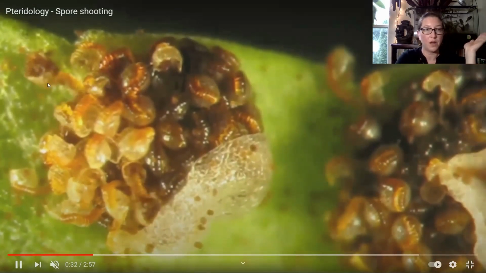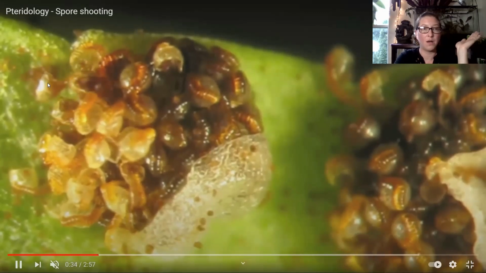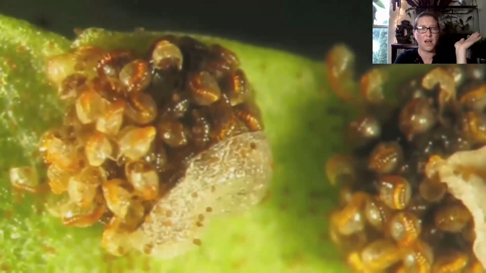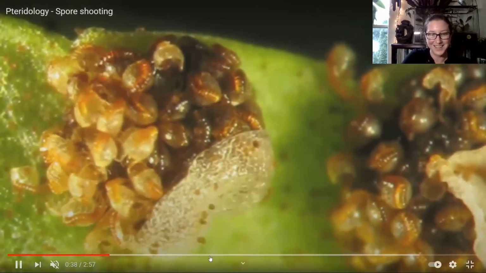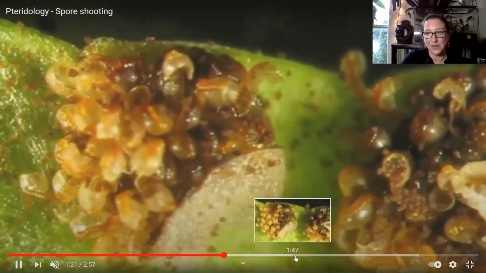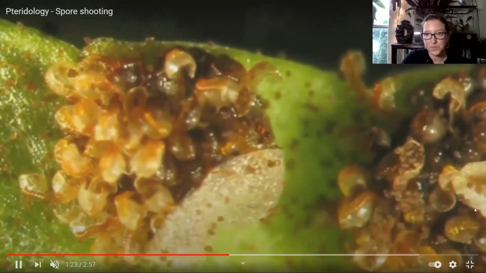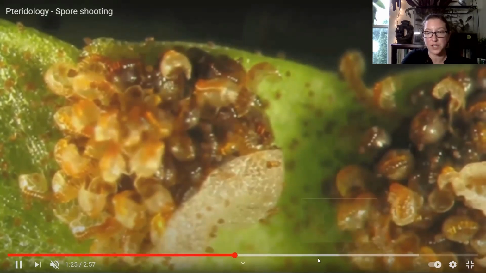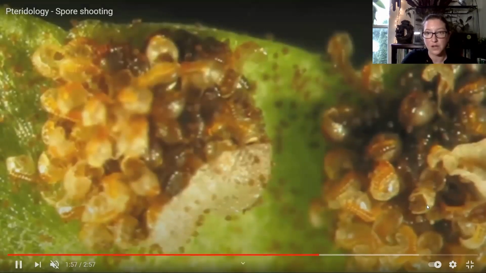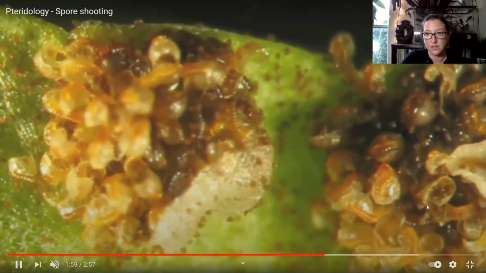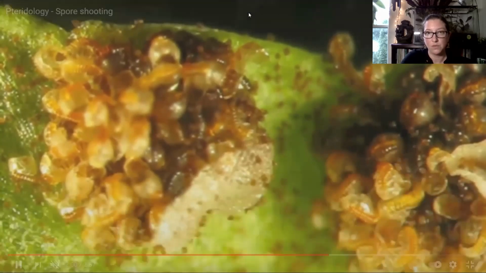Boom. Look at the one up here. Oh. Here we go. Here's some more. So these are fern sporangia shooting their spores. Very cool. I have another one here.